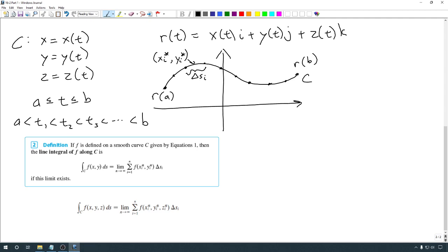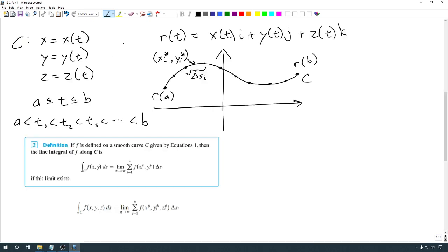Now, of course, as always, we don't want to have to use the Riemann sum to evaluate these line integrals. So we're going to think back to chapter 10 when we talked about the arc length of a parametric curve. Remember there, we derived a formula that the length of a parametric curve is given as the integral from a to b, where a and b are the same a and b that we did here.